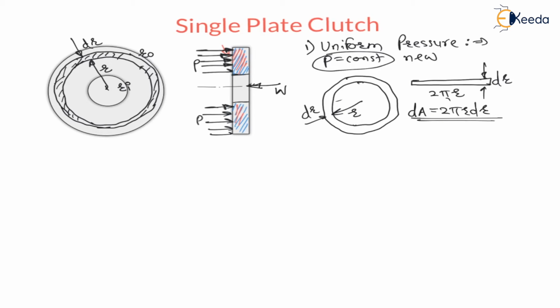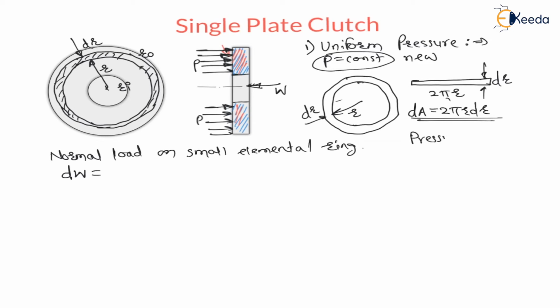Now, on this elemental ring, we will see the normal load. On this small elemental ring, the normal load will be very small, dW. Pressure is nothing but load divided by area. Therefore, load is equal to pressure into area.